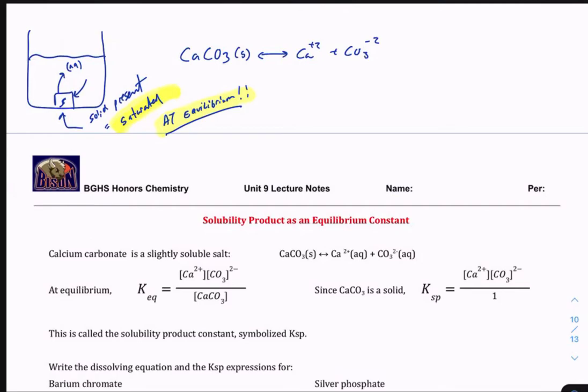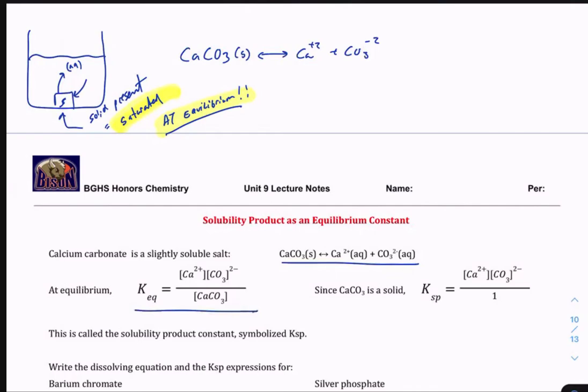Rules like take the products over the reactants to get an equilibrium expression. Coefficients become exponents. Those rules. All the rules we talked about this unit, they all still apply here. So if I wrote the KSP expression for this reaction, it would look like this.